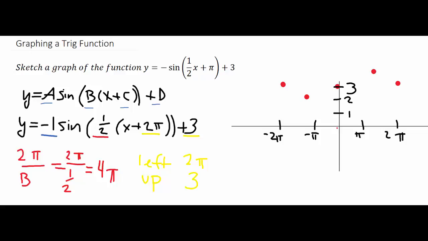So now I can do a sketch of what this is going to look like. My sine graph is going to look something like this. It's going to continue. This should make sense because the period from here to here is 4 pi. Its amplitude is 1. It's shifted to the left by 2 pi units and vertically shifted up so that it's centered here at y equals 3.